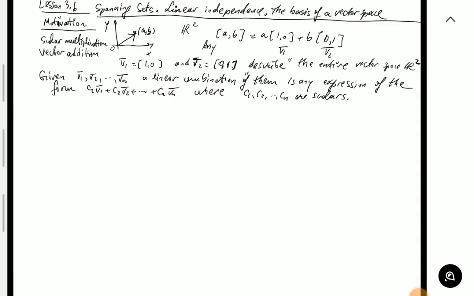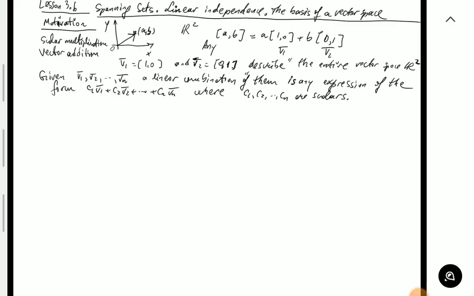So a linear combination, like I said before, is just a way to create vectors out of a bunch of existing vectors. And that's the only way to do it, because these are the only operations defined in the context of a vector space.